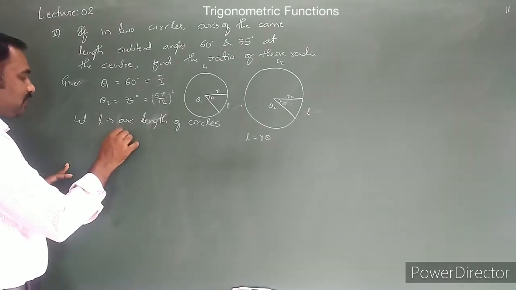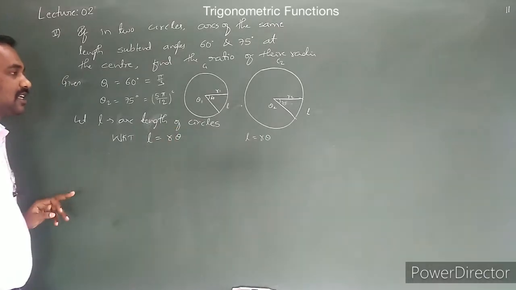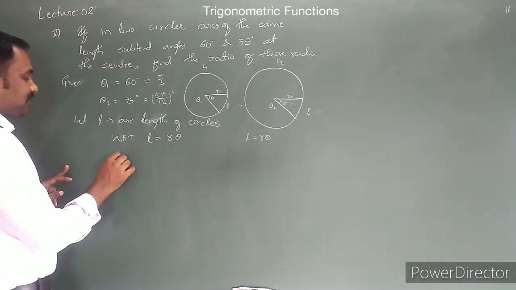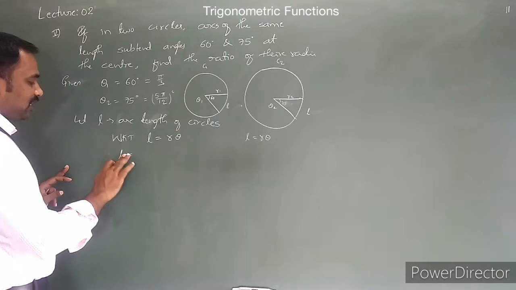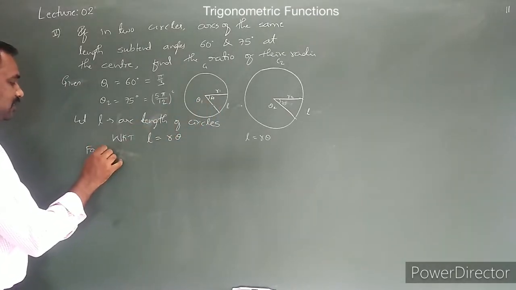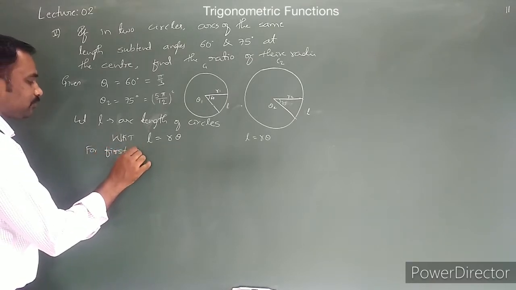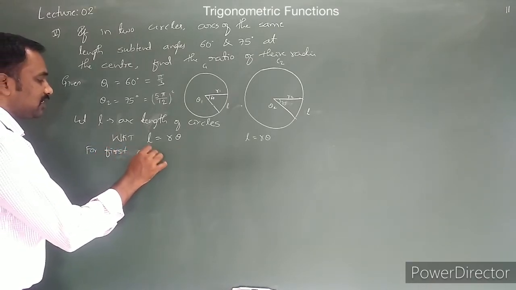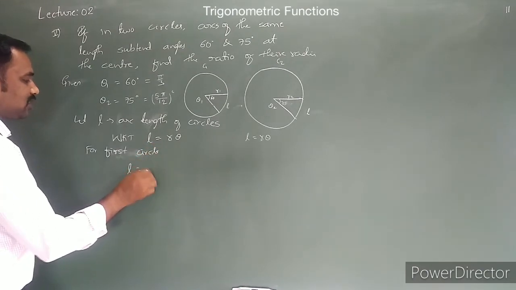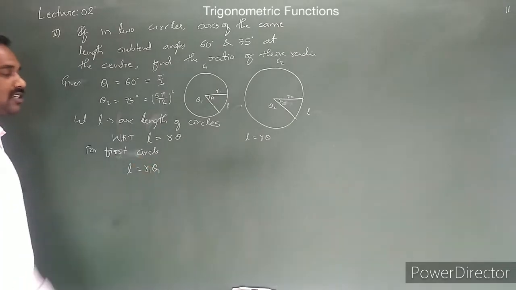Now we know that the formula is L is equal to r theta. For the first circle, what is the formula? L is equal to r1 theta 1, where the radius is r1 and the central angle is theta 1.